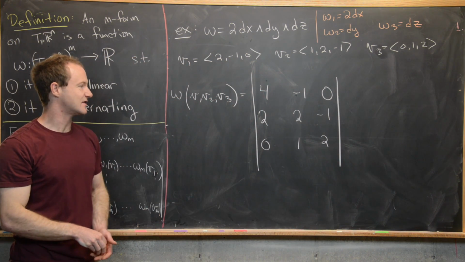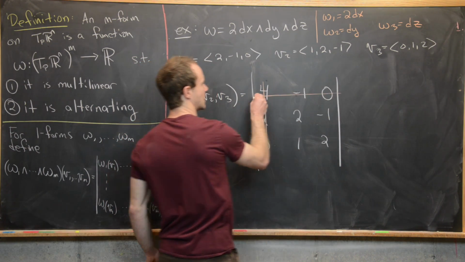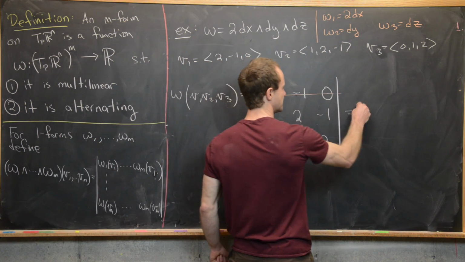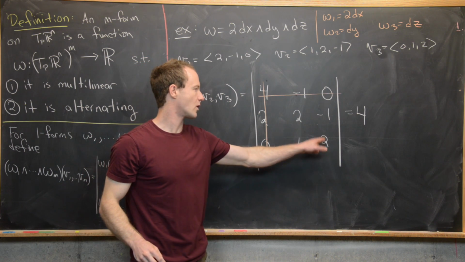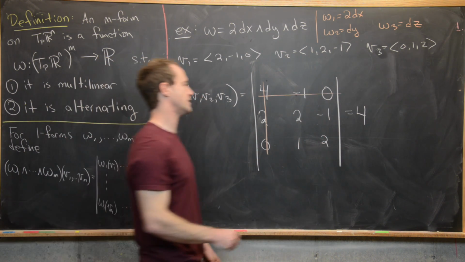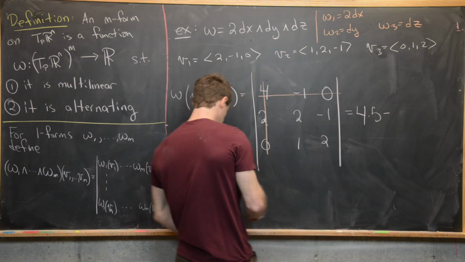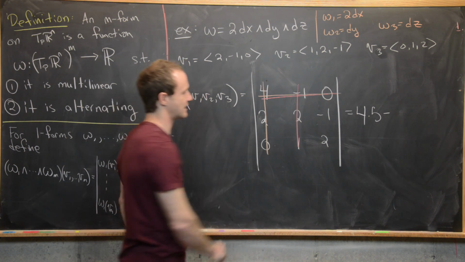So let's go ahead and take the determinant here. We'll do this by cofactor expansion. We'll expand across the first row, and the first column first. So that means we'll have 4 times the determinant of this 2 by 2. That'll be 4 plus 1, so that'll be 5. So we have 5, and then minus, and then we'll do cofactor expansion about the first row and the second column. So that'll be like that right there.